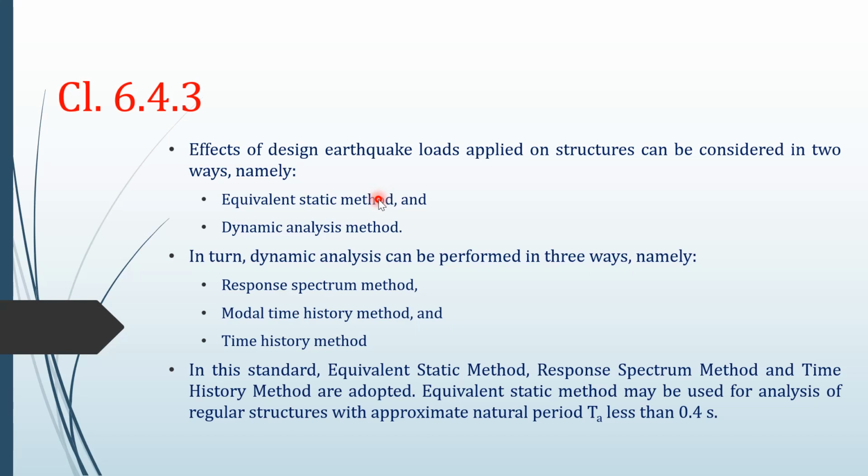Besides the static method, we also have the dynamic analysis method. In turn, dynamic analysis can be performed in three ways, namely response spectrum method, modal time history method, and time history method. So there are various methods to perform a dynamic analysis on our building.